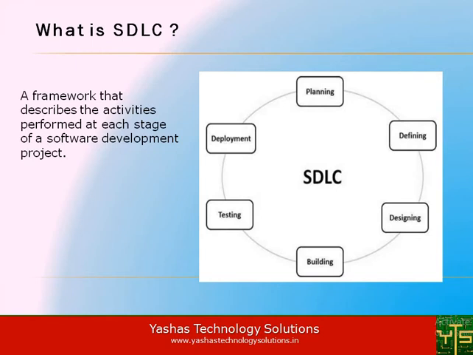The life cycle defines a methodology for improving the quality of software and the overall development processes. The figure is a graphical representation of various stages of SDLC, which has planning, defining, designing, building, testing, and deployment.